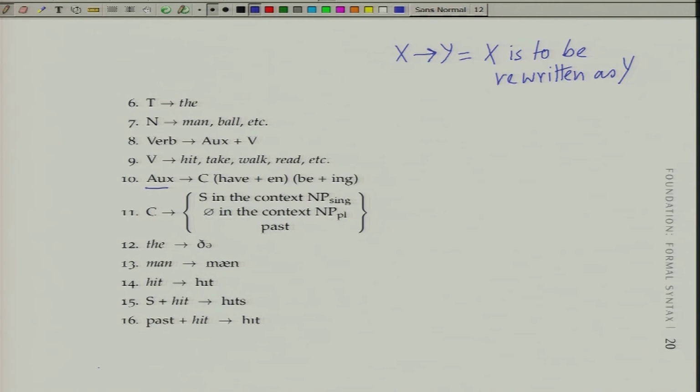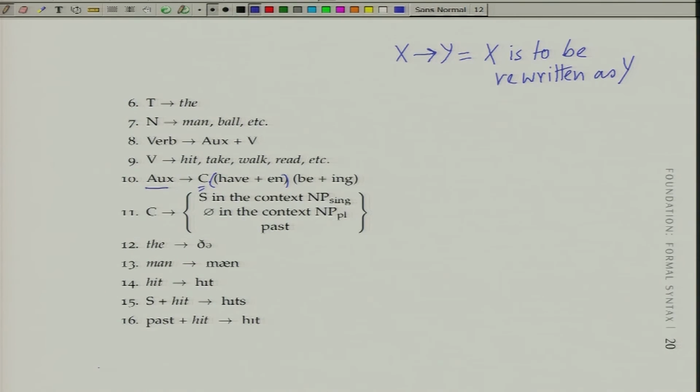This bracket is actually a very interesting one. It tells us the following. It tells us that C is not bracketed, so C is kind of compulsory. So I have to rewrite aux as C anyway.